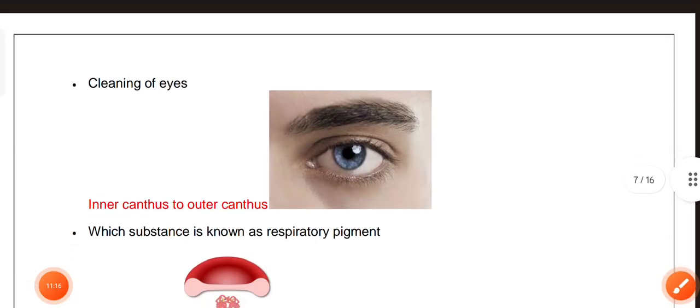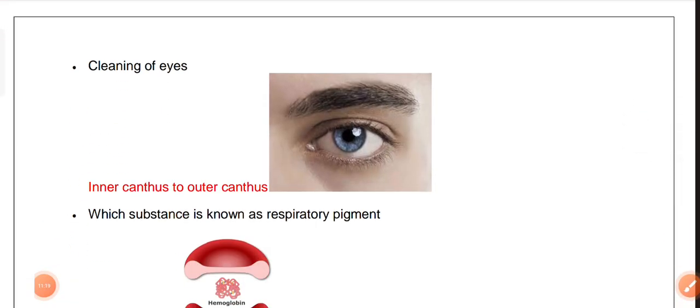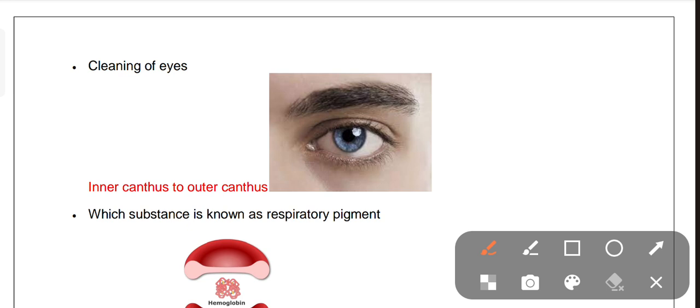And the next point is cleaning of the eyes. If the patient has an eye infection, pus, or a foreign body present in the eye, you plan for cleaning of the eye. From where to where will you clean the eye?